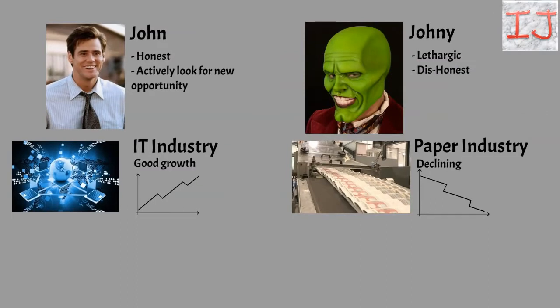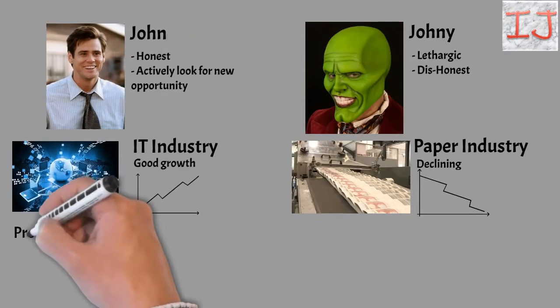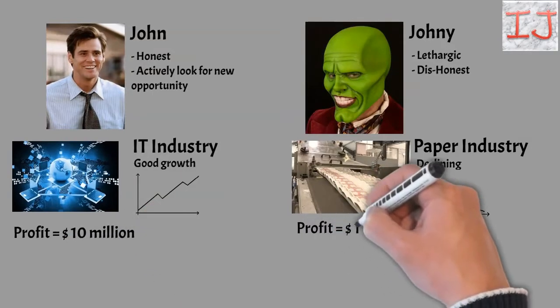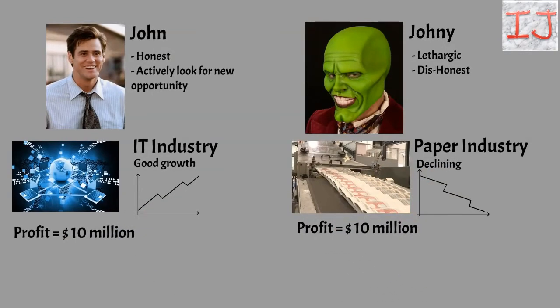Now both of them want to sell their 25% stake in the business and offer ownership of their company to you. Let us assume that both companies have earned equal profit this year, say $10 million. Now, will you pay the same price for both businesses?